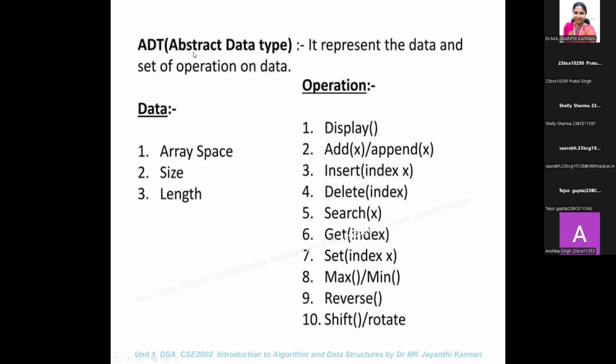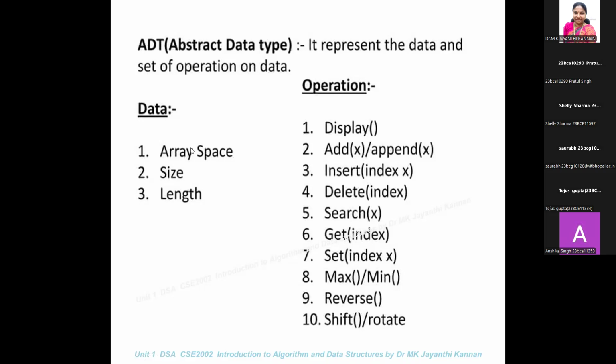So if you take array as an abstract data type, the various data related to the array are array size, array space, and length of the array. Say your array name is matrix, or the array name is student. The size of the array: in our class we have 72 students.